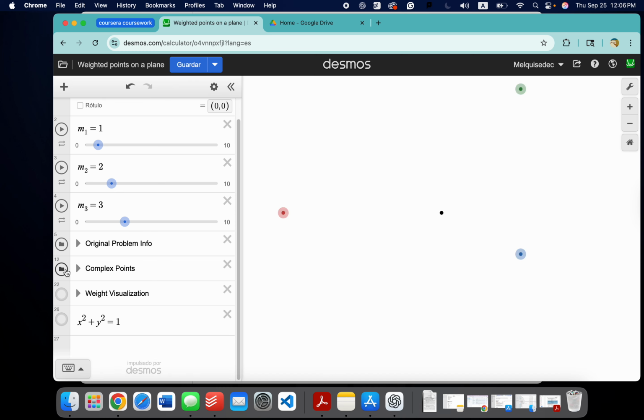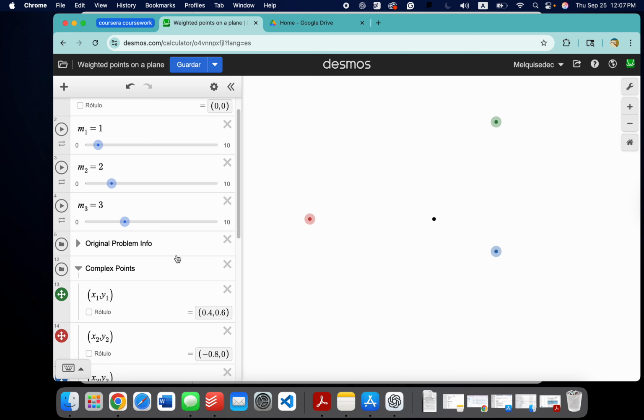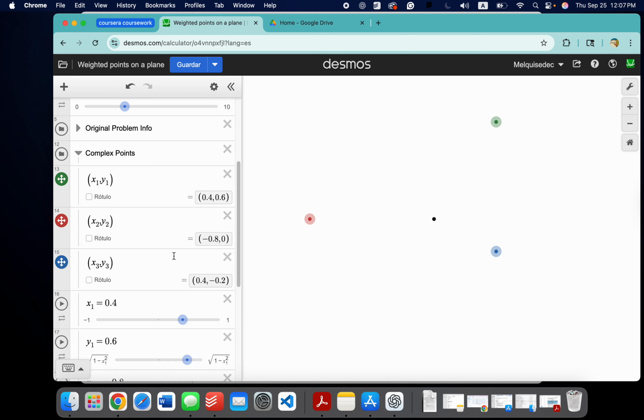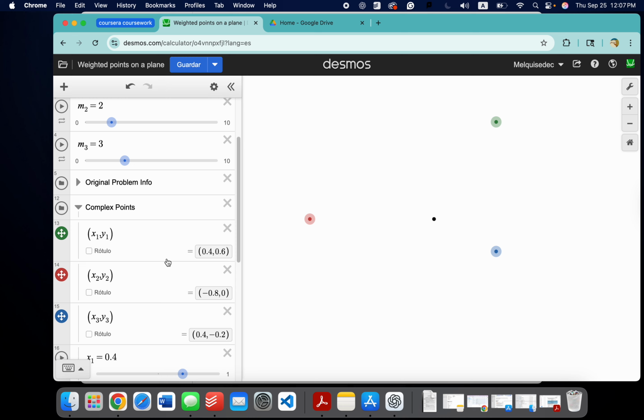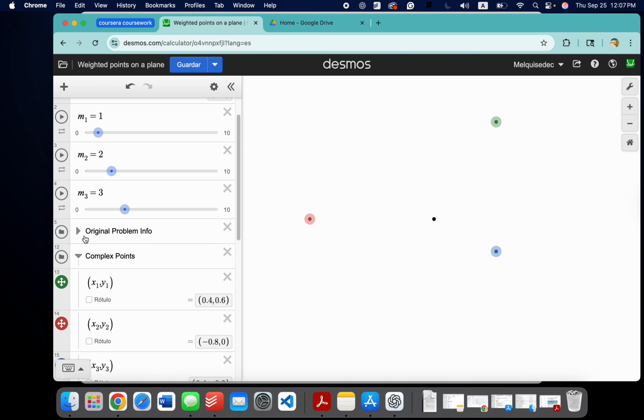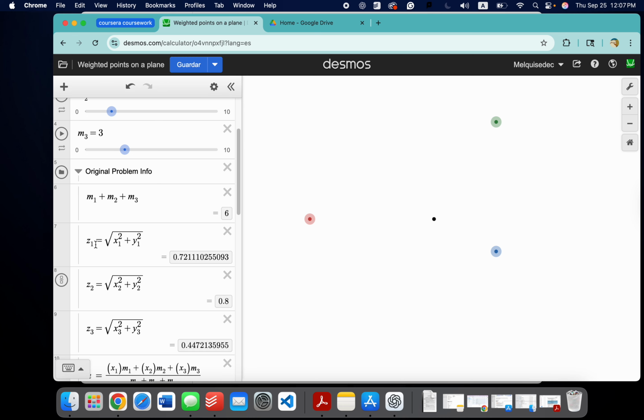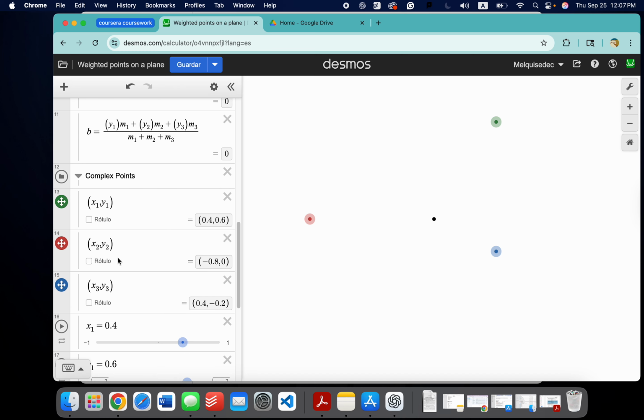Now, I add in the next one. Boom. So what are these complex points? These complex points are the actual location of, here you see all these Z1, Z2, Z3 were based on X1, Y1, X2, etc. And here are the X1, Y1, X2, Y2, X3, Y3.